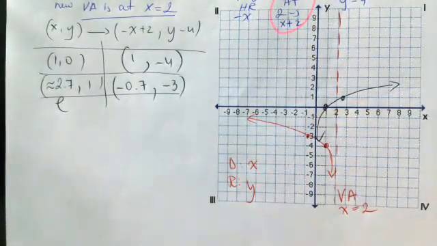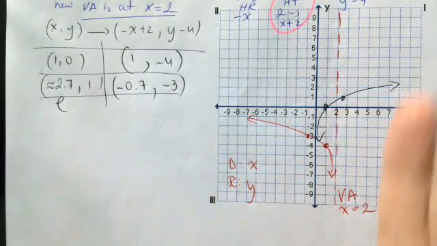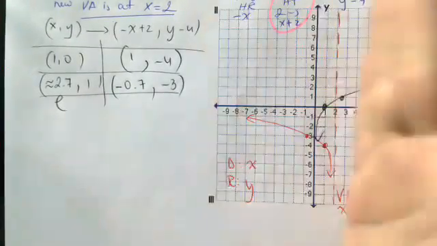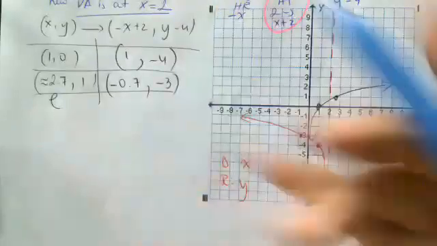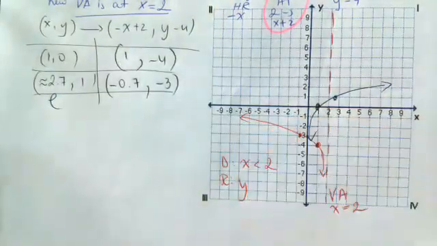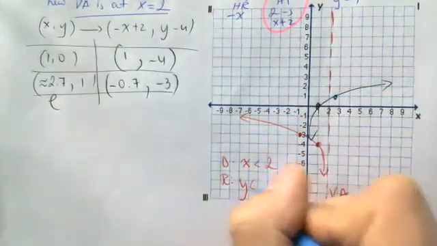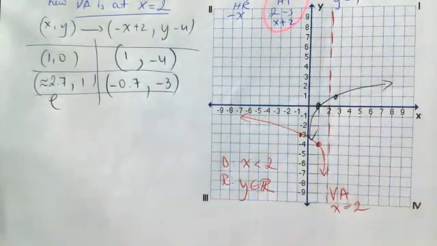We can also read the domain and the range. Domain is our x less than positive 2, and range, all the real numbers.